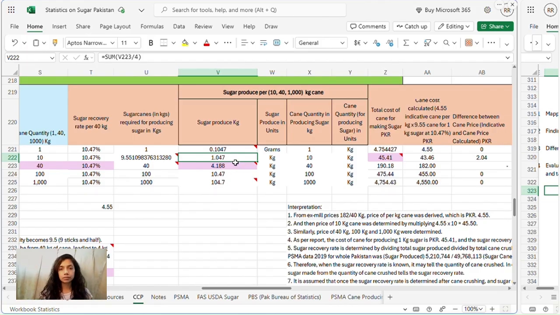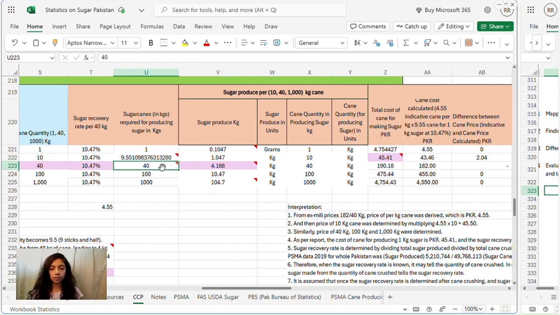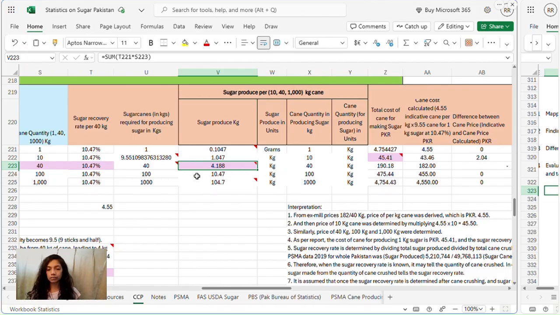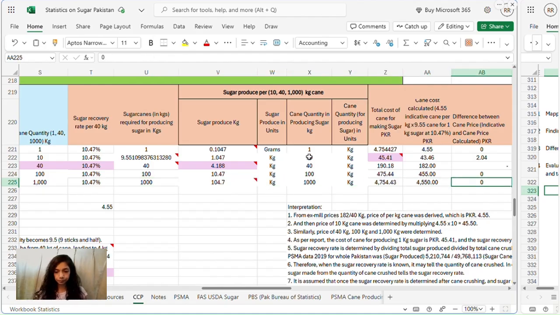But consider for now that these are the kgs and the grams. 1 kg or 4 kg, approximate numbers, absolute numbers, and for the approximations we are going to discuss as I said earlier in the next video. So 40 kg of cane produce 4 kg of sugars. Same 100 kg produce 10 kg, and 1000 kg of cane produce 104 kgs of sugars.